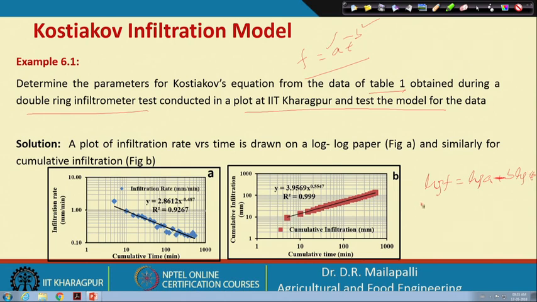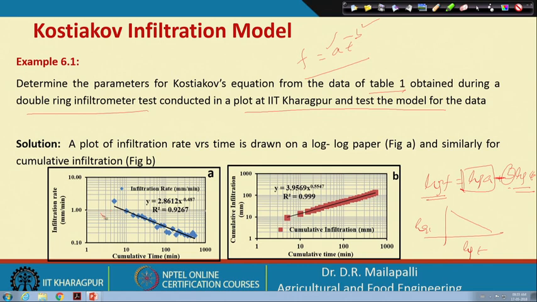Once you get this equation, you convert the infiltration rate into log f and log t. If you plot log t and log f, you may get this kind of curve line, where this is the intercept and this is the slope.